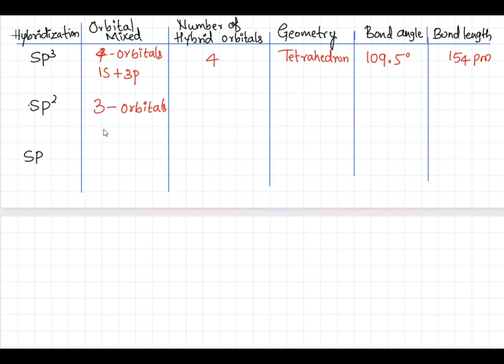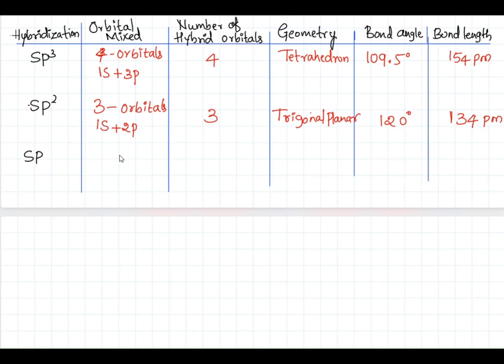In the case of sp2 hybridization, the overlapping takes place between one s orbital and two p orbitals, forming 3 hybridized orbitals. The geometry is trigonal planar, the bond angle is 120 degrees and the bond length is 134 picometer.